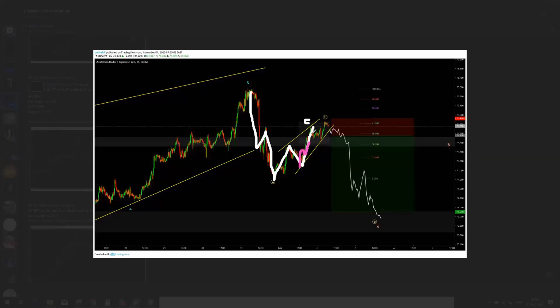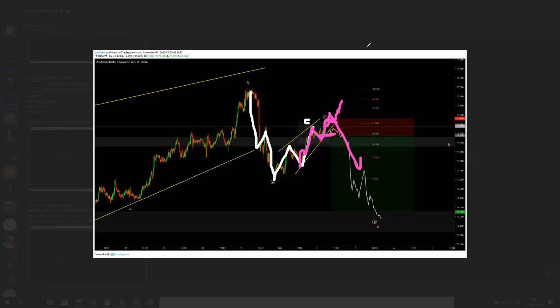So we've done 1, 2, 3, 4, 5. So 5 might extend a bit further before it can give us this drop. We don't want to be trapped in this wave 5. So rather we have our sell stop just below the current price. When it starts to drop, it will take us from there.